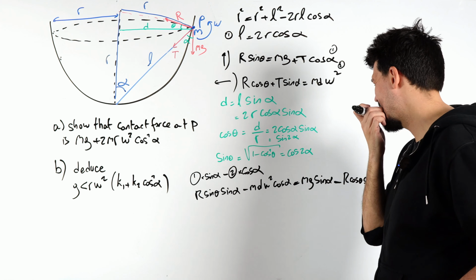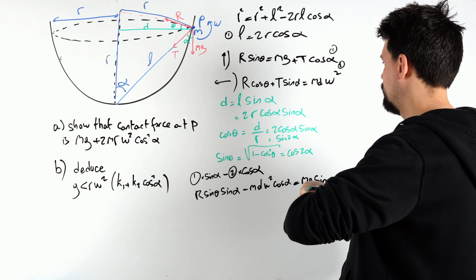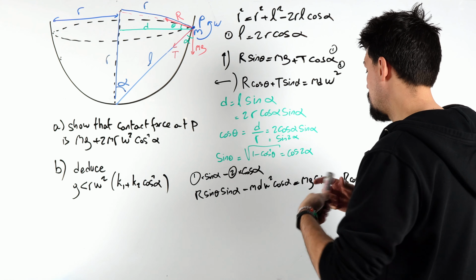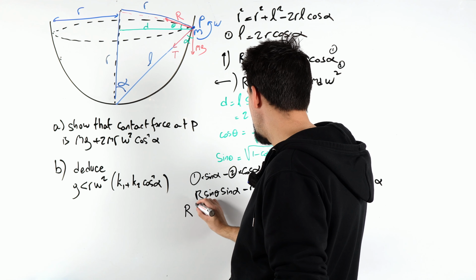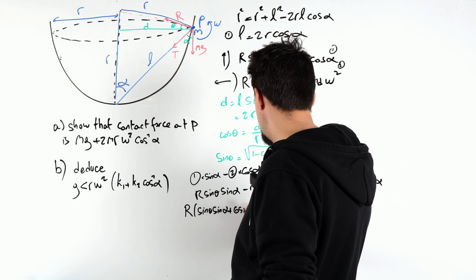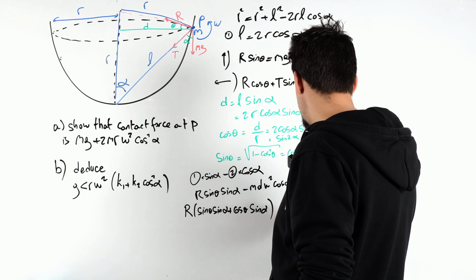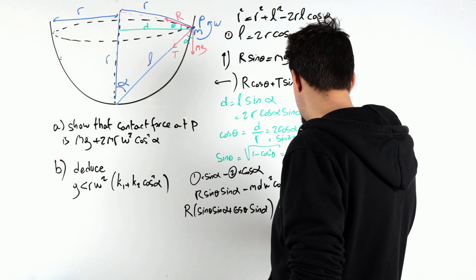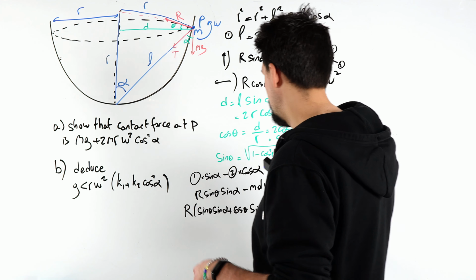Okay. So, because r is what I'm looking for, that's quite good actually. So r times (sine theta sine alpha plus cos theta sine alpha) is equal to mg sine alpha plus md omega squared cos alpha.